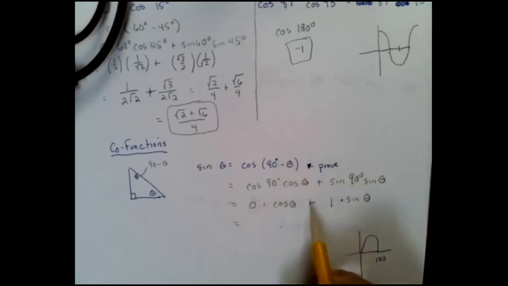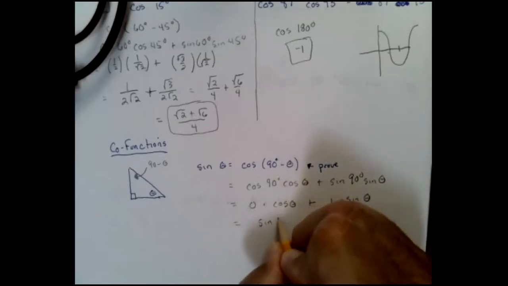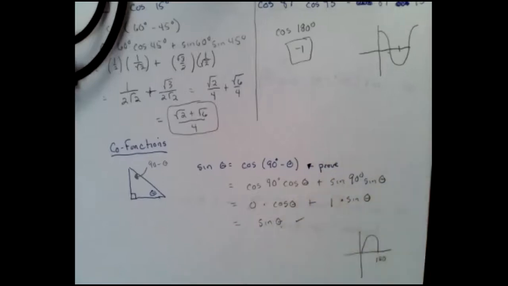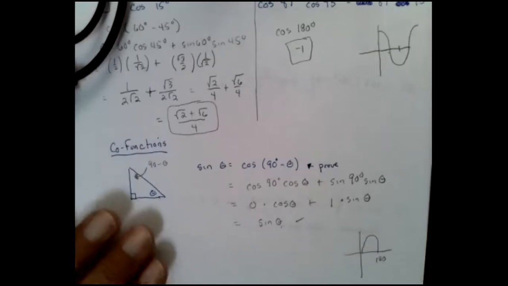Awesome sauce. This is in fact sine of theta. I verified that identity. Some great mathematician somewhere along the line said, yeah, I can prove this. I can dig it.